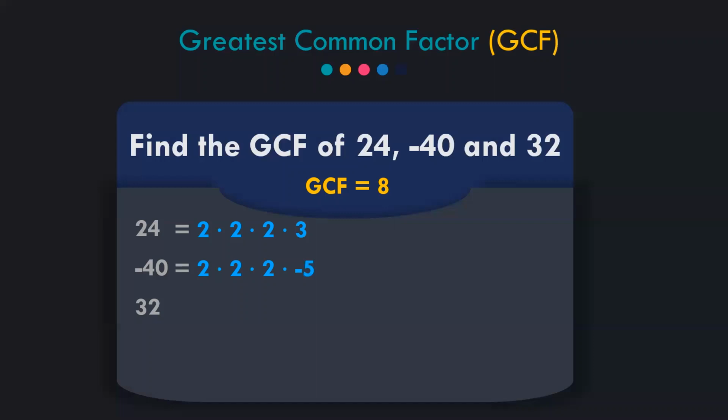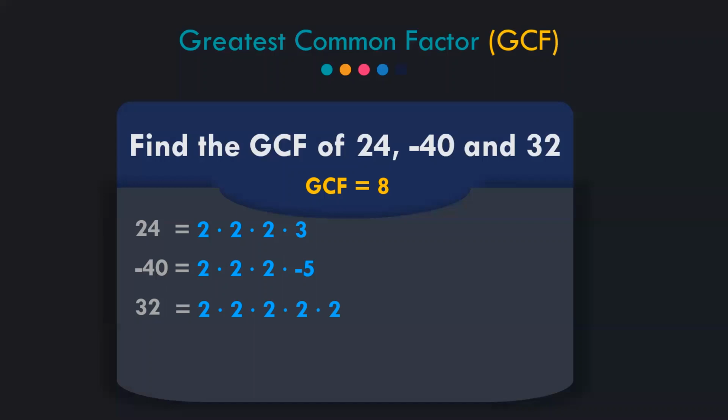So, we can have 2 times 2 times 2 times negative 5. Because 2 times 2, that is equal to positive 4 times 2, positive 8 times negative 5, that is now equal to negative 40. For 32, we can have 2 times 2 times 2 times 2 times 2. Because we all know that 2 raised to the 5th power is equal to 32.